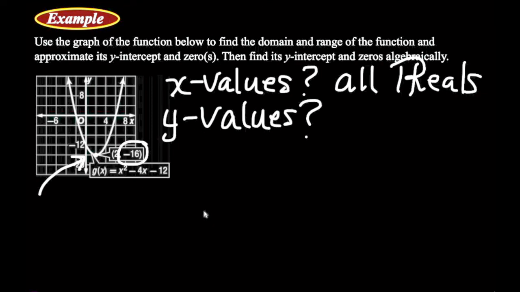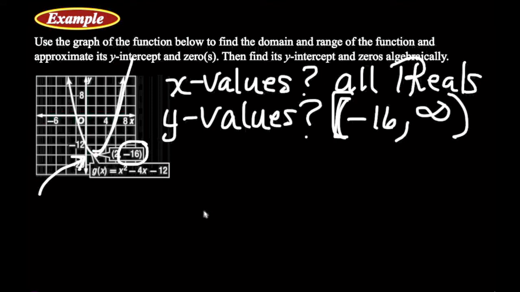So the smallest value we will get for y is -16, but we will have a lot more y values after that on to infinity, because of these arrows, any point on this graph. But the smallest y value is at that point right there, and that point is -16.